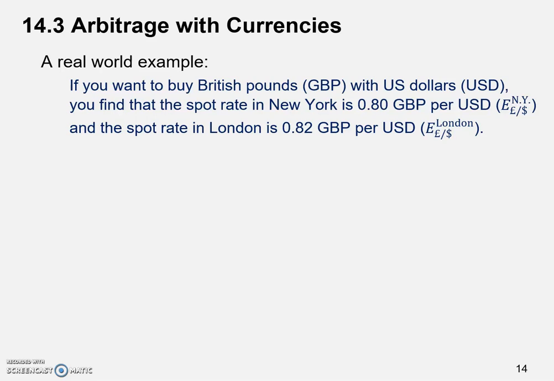in British pounds, I'm sorry, per US dollar. You also find that the spot rate in London is 82 pence per US dollar. There's a difference between the two spot rates, so we would ask, where should you buy the pounds?